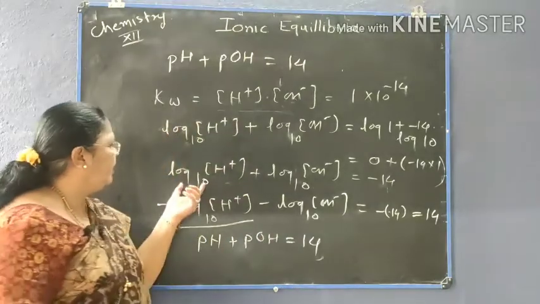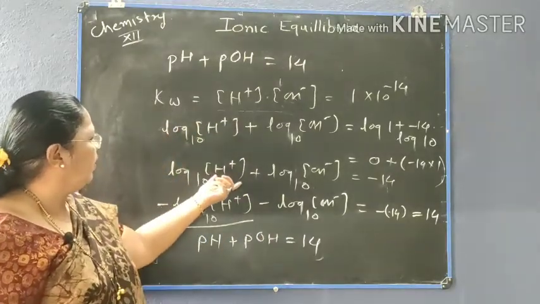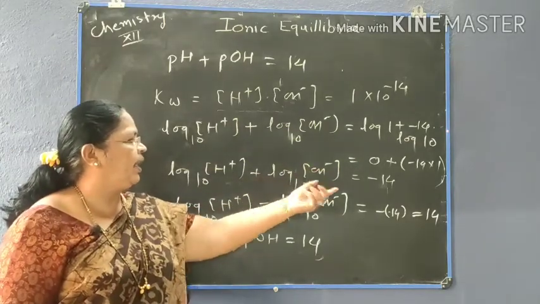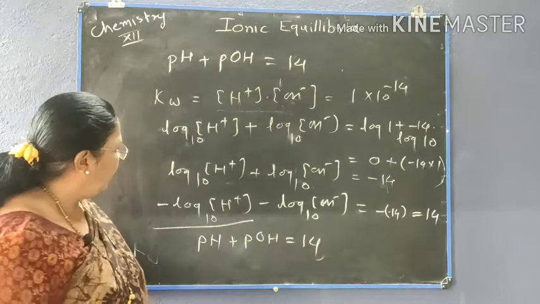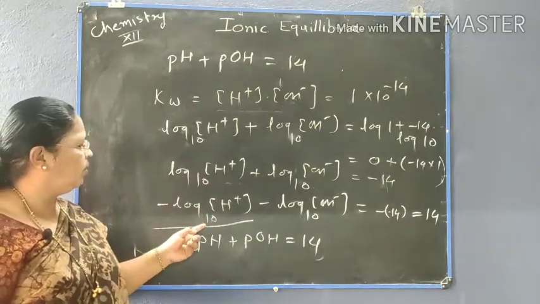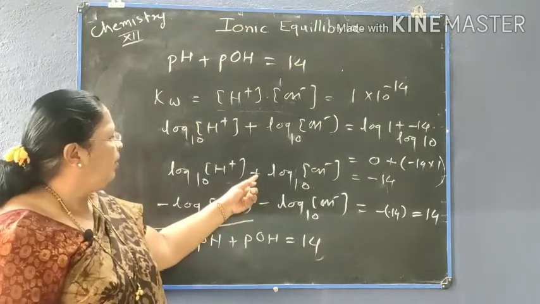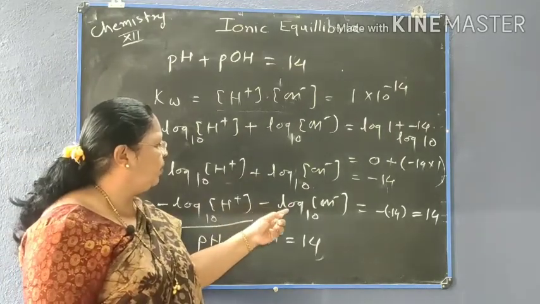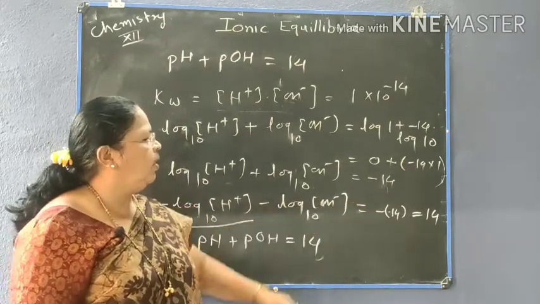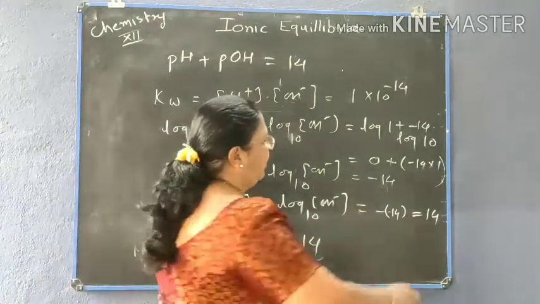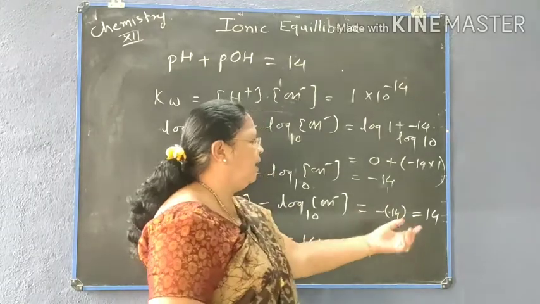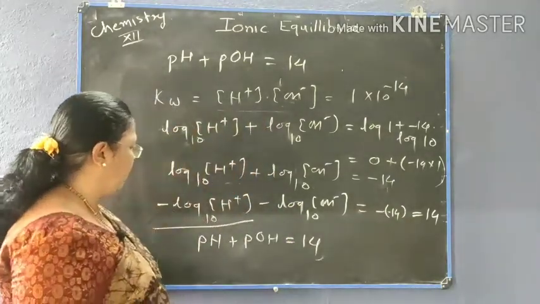So you can rewrite this equation: log of the concentration of H plus to the base 10 plus log of the concentration of OH minus to the base 10 is equal to minus 14. Changing the sign, the negative logarithm of the concentration of H plus ions to the base 10 plus the negative logarithm of OH minus ions to the base 10 is equal to minus into minus 14, and minus minus is plus, so plus 14.